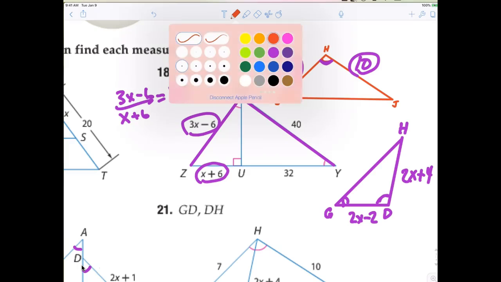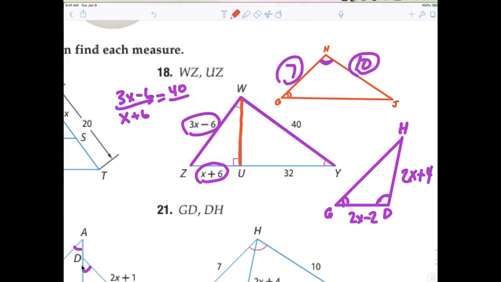yeah, so I need to show you this. This corresponds to this. Does everybody agree with that? It kind of looks weird because it looks like I chose the side for the triangle on the left, but I did not. Does everybody see that? Here's how I say it.